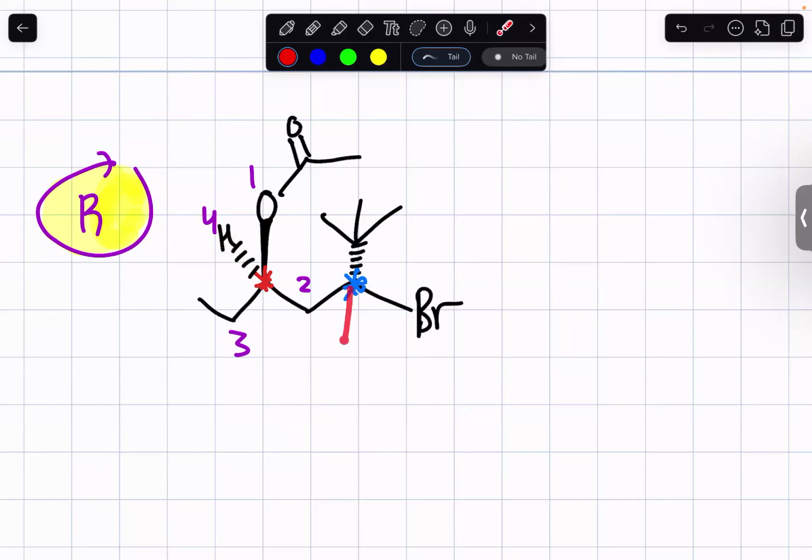Now, how about for the blue chiral center here? Is it R or is it S? I think that's an R also. An R as well.